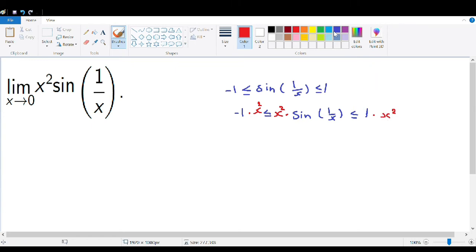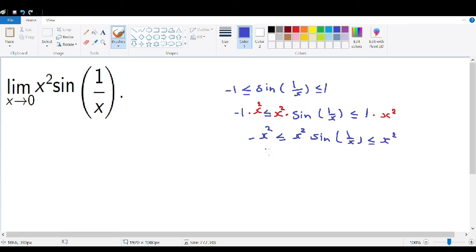So now we will have minus x squared is less than or equal to x squared sine 1 over x less than or equal to x squared.